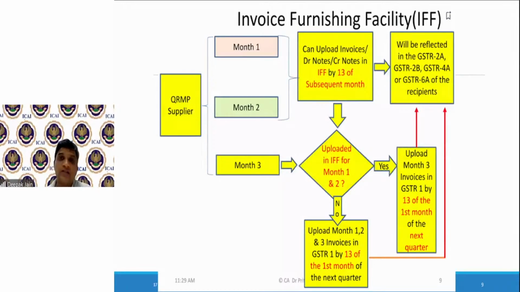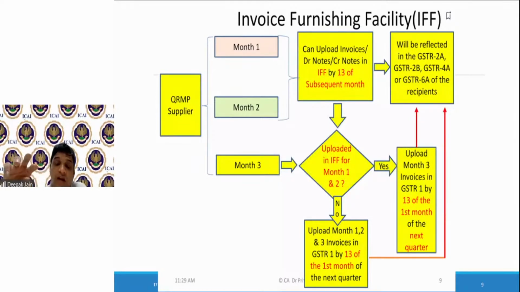He has not filed his returns because for him the QRMP scheme is available. I have purchased from him in April, but I will see the credit only after April, May, June, in the June GSTR2B. So my credit is getting blocked for 3 months. April's credit I'm getting in June. This will be a problem.